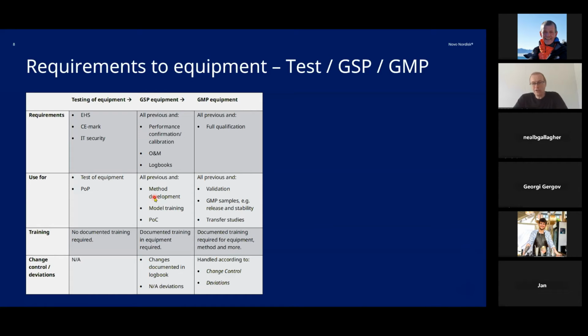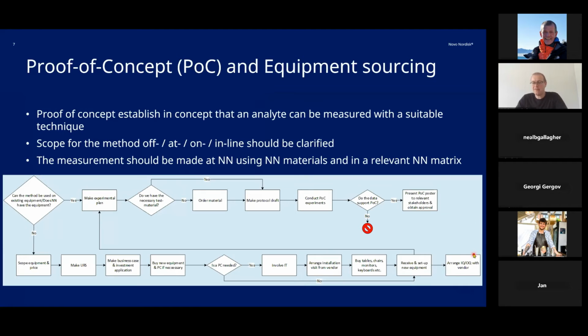The loose interpretation of that is that the instrument can deliver measurements that we trust. So that means we need to have some sort of calibration and some sort of performance confirmation. And that can usually be established by the vendor IQ and OQ. So what is the baseline performance of the instrument and how is that controlled?